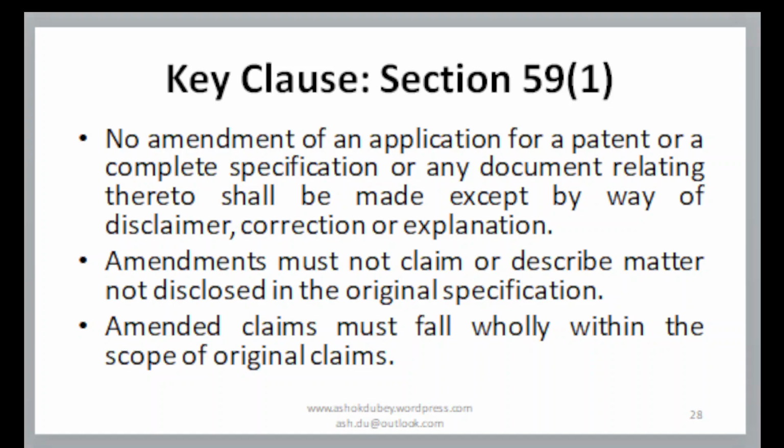Second difference you can point to is about amendment considerations. Indian Section 59 includes the interest of the applicant and the public when allowing the amendment, and EPC Article 123 does not mention such considerations. And there are certain differences in the post-grant amendments.